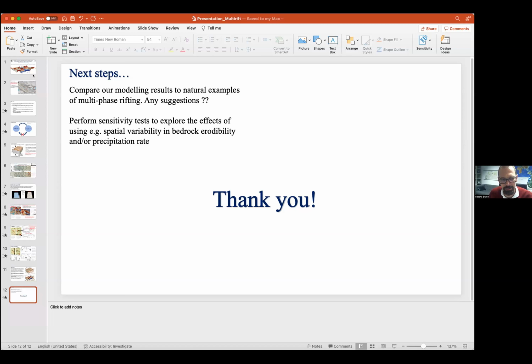Okay. So in our study, we use a 60 degree angle between the two extensional phases. And I know, but I didn't show here, that of course this can really change if we use a different angle between these two extensional phases.